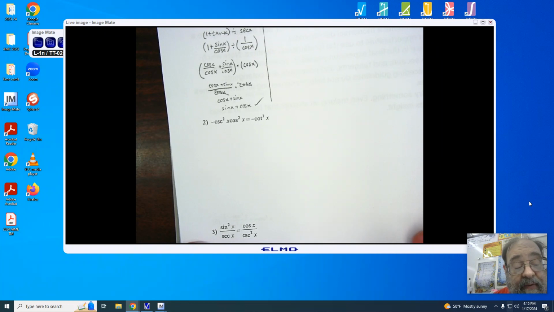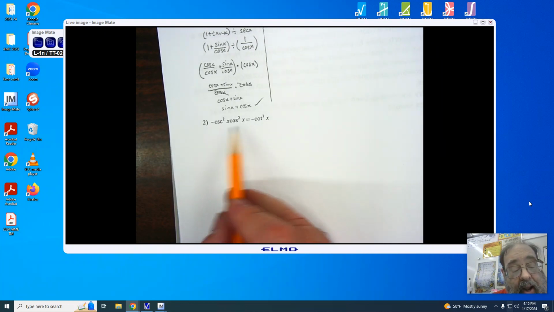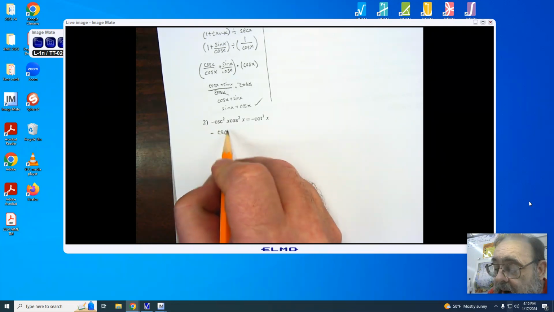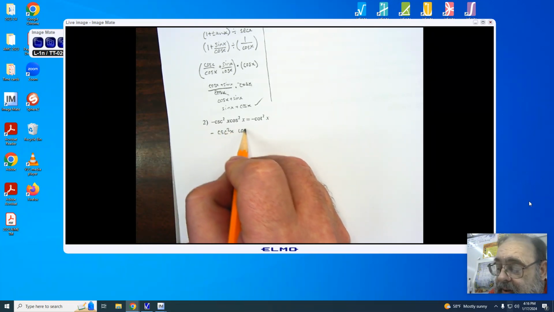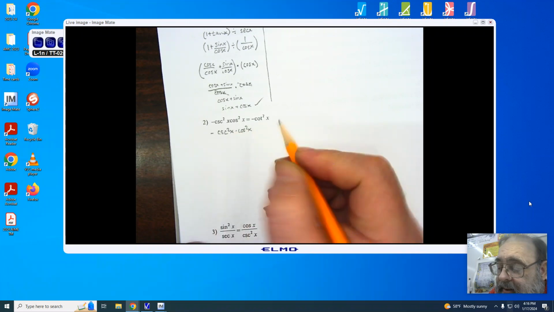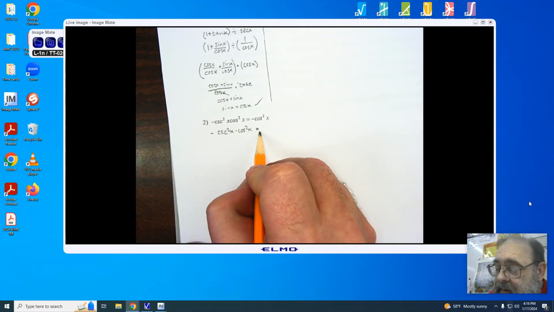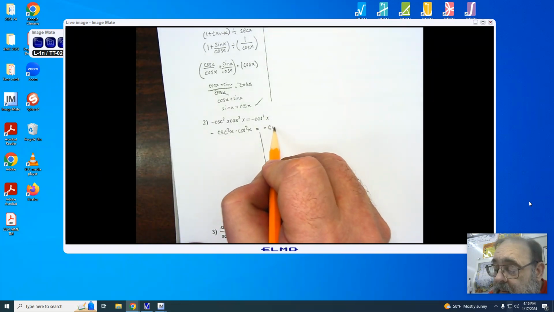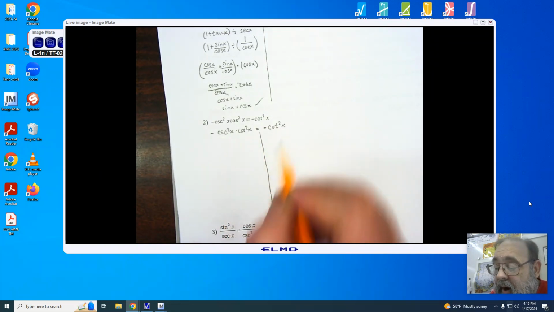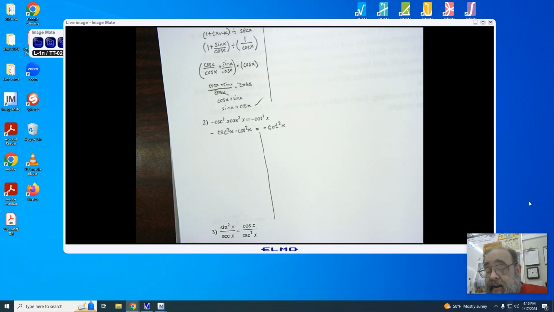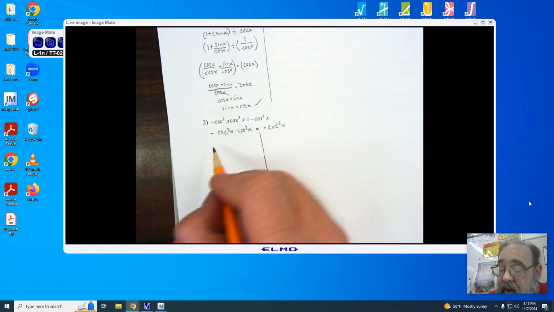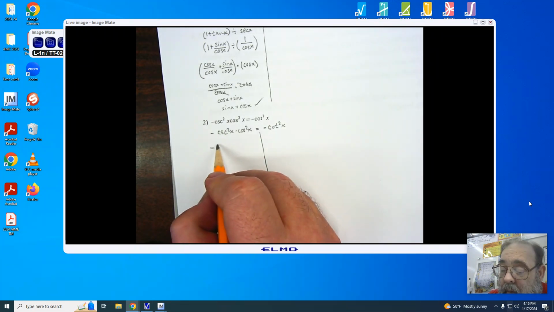So we're going to start off in the same vein where I'm just going to go ahead and separate it. So I have negative cosecant squared x times cotangent squared x, and there's a product, equals, separated into its two sides, and on the right side, excuse me, you'll notice what I'm trying to get, a negative cotangent squared x. So I'm going to start by using my identity, which says that the cosecant is really 1 over sine.